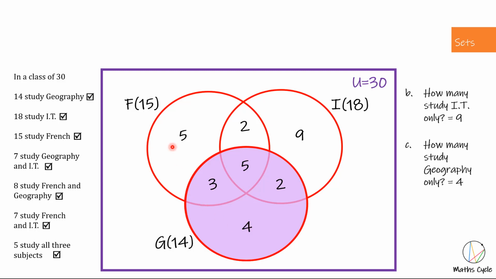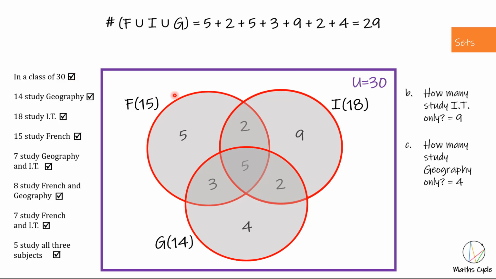Now, to finish off, we've accounted for everybody that studies French, IT, and Geography. But if we look back here, there were actually 30 people in the class. So what we're going to look at here is how many people out of the 30 we have actually accounted for.